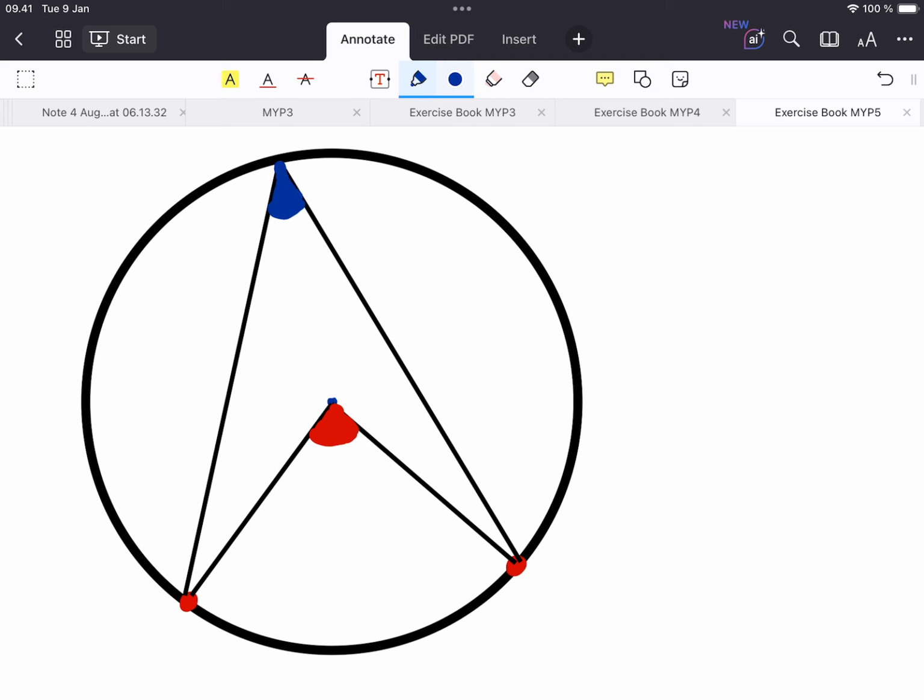So there is something to be noticed about the red and the blue angles compared to one another. So have a go at that, make the construction yourself, pause the screen, and once you think you've discovered something, then unpause the video and we will have a look at what you should have discovered.